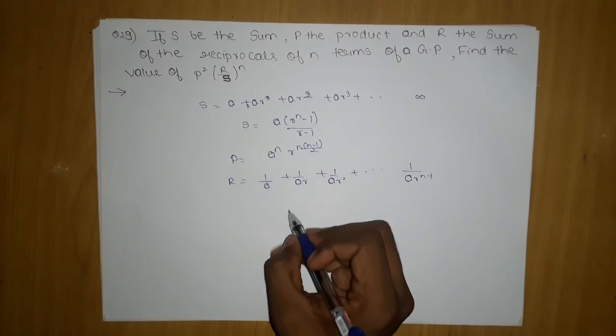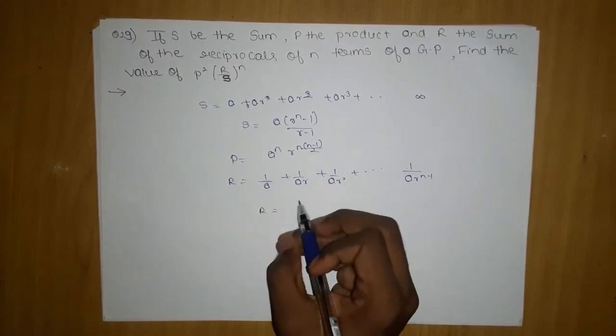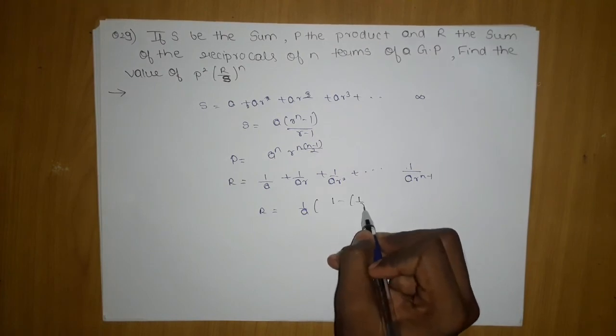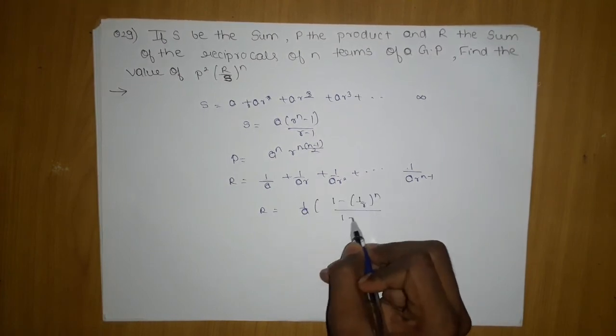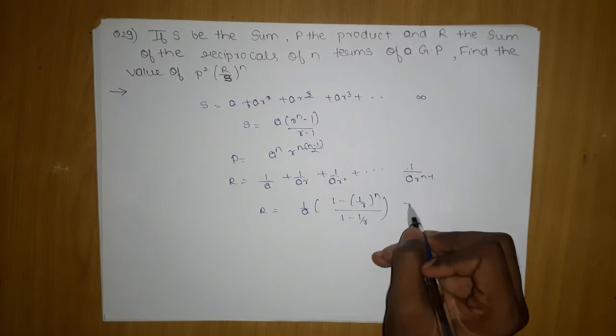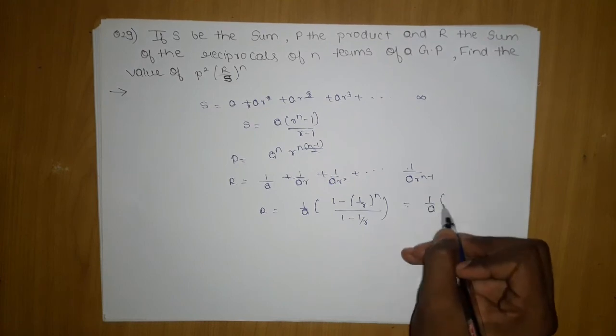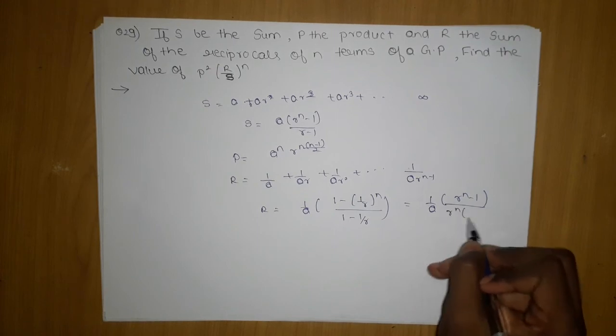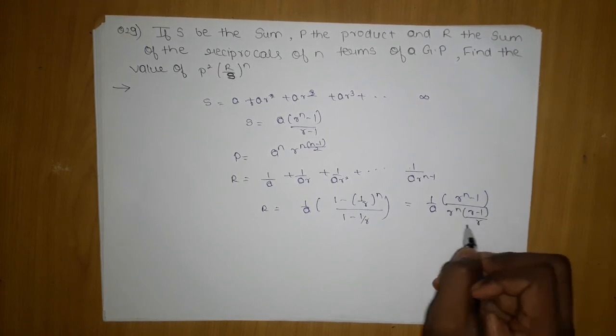If we need the sum, we apply the formula: 1 by a into 1 minus 1 by r power n upon 1 minus 1 by r, which is 1 by a into r power n minus 1 upon r power n into r minus 1 upon r.